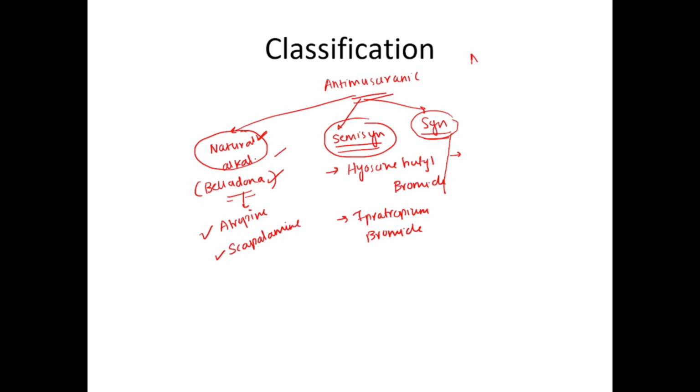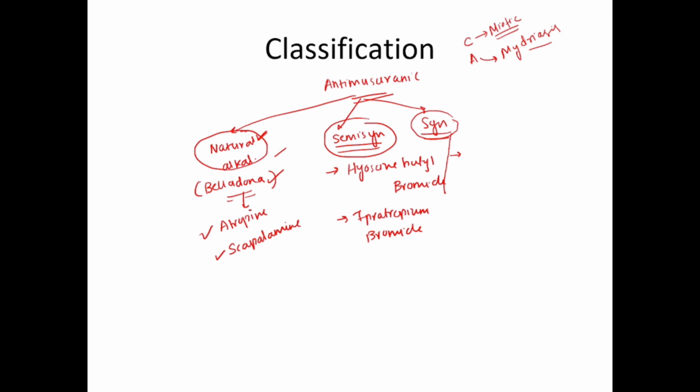Just try to recall when I discussed your cholinergic system. This was causing miosis, whereas if we talk about the anticholinergic system, this is going to cause mydriasis.